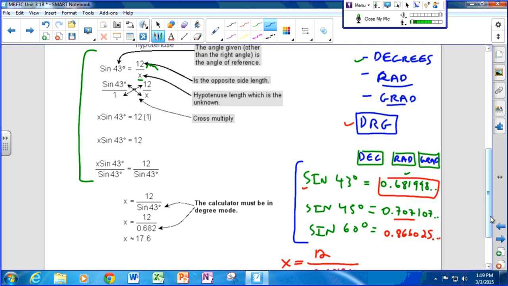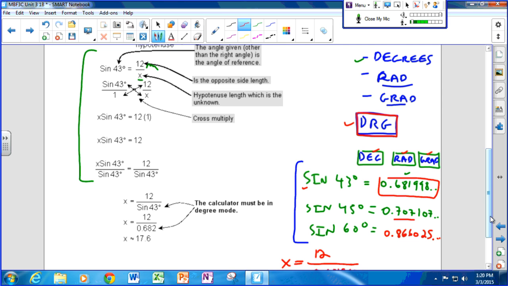You get something else. There's usually a DRG button on your calculator somewhere: degrees, radians, and gradients. Somewhere in your display there might be a D, R, or G, or it might say DEG or RAD, and when you press the button, it puts a G in front of it.